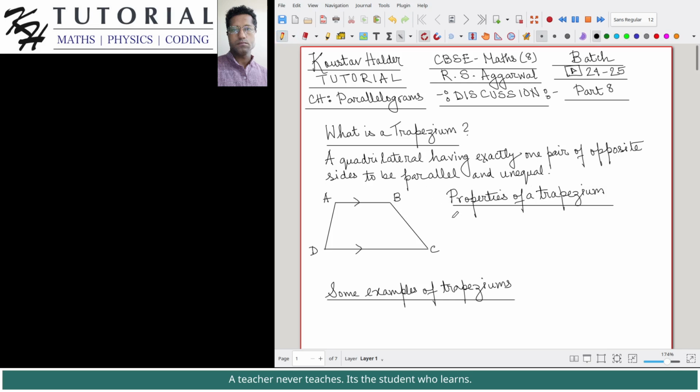First of all, the first property is that it will have exactly one pair of opposite sides which are parallel.